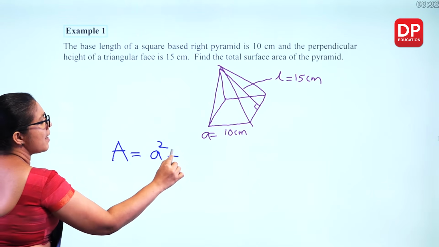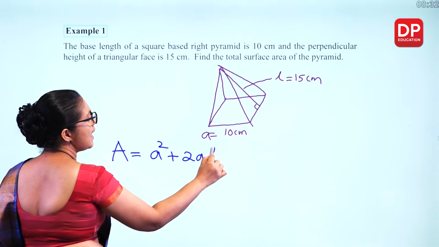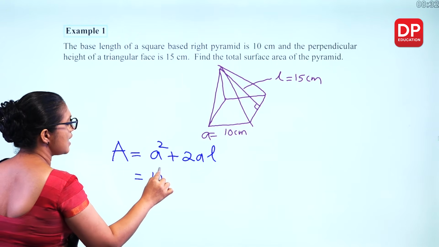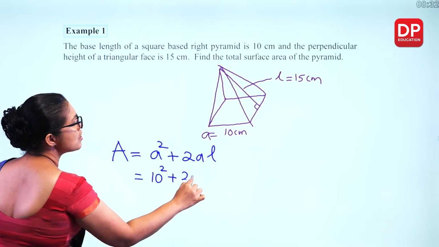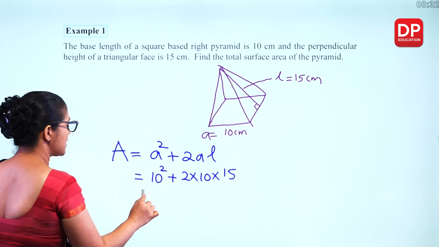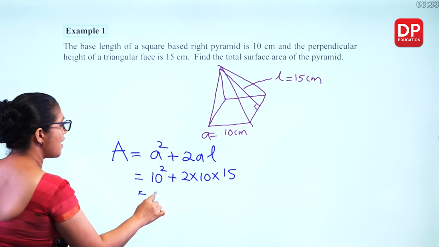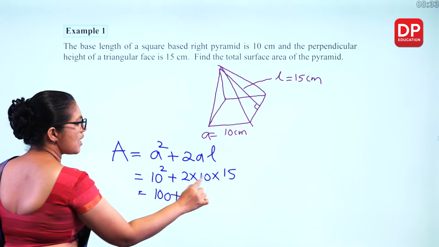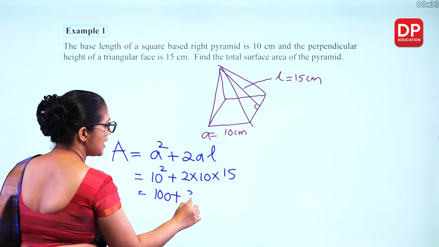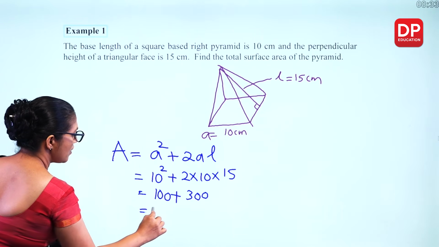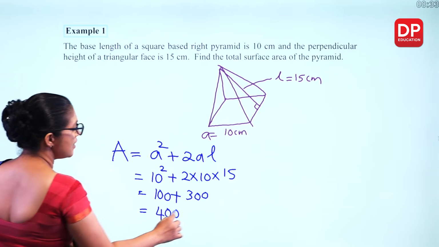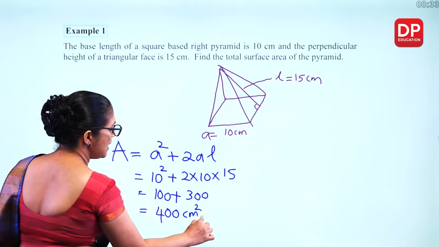A squared plus 2AL. So a squared, 10 times 10, 10 squared, plus 2 times 10 times 15. What's the answer? 10 squared is 100, 2 times 15 is 30, 30 times 10, 300. You get surface area is 400 square centimeters.